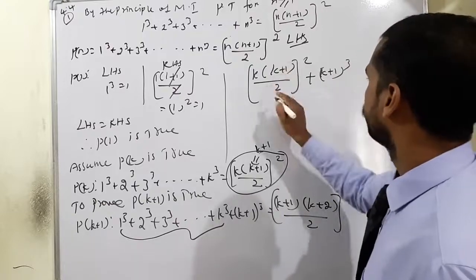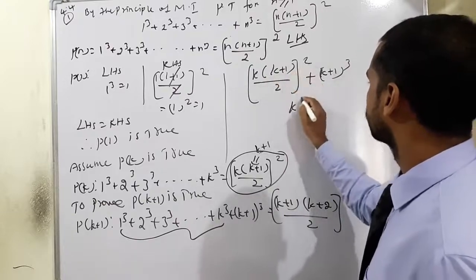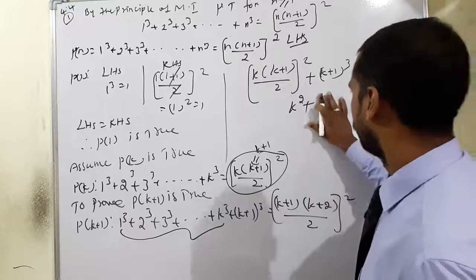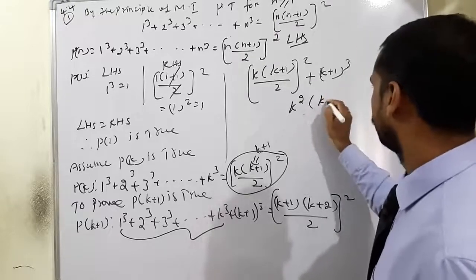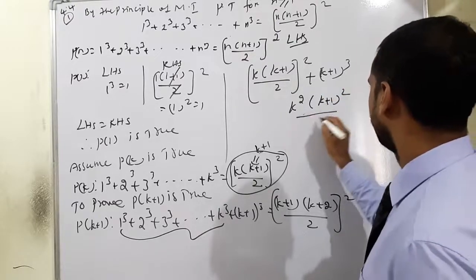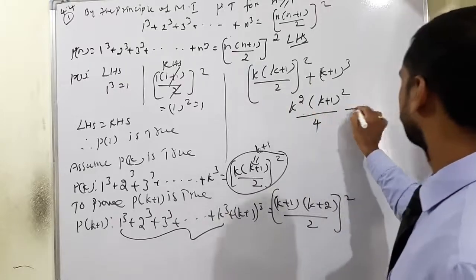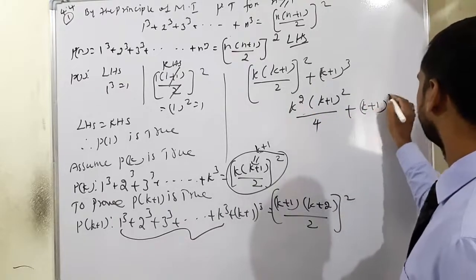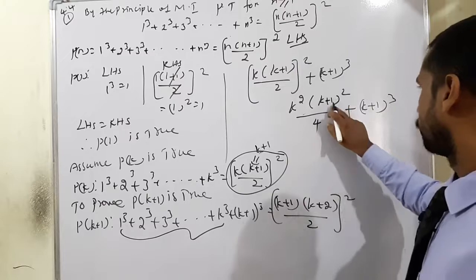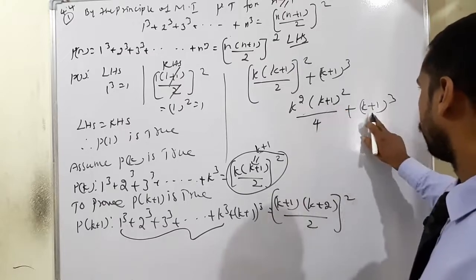Now if you remove the bracket, k square into (k plus 1) the whole square divided by 4, because 2 square means 4, plus (k plus 1) the whole cube.